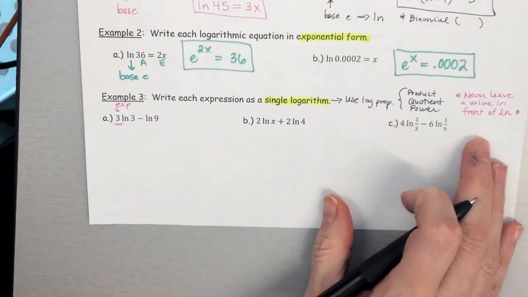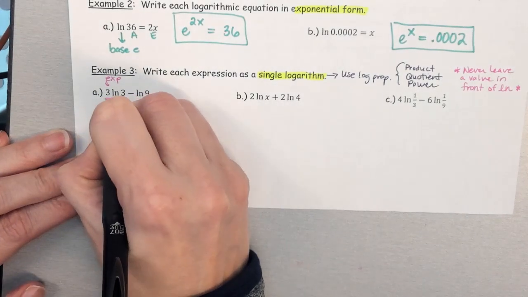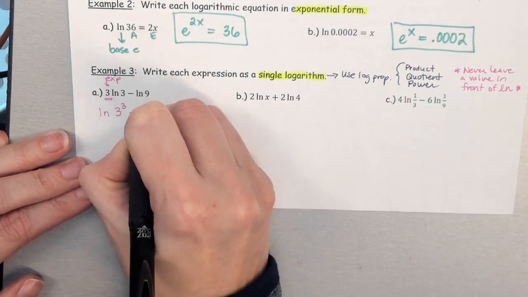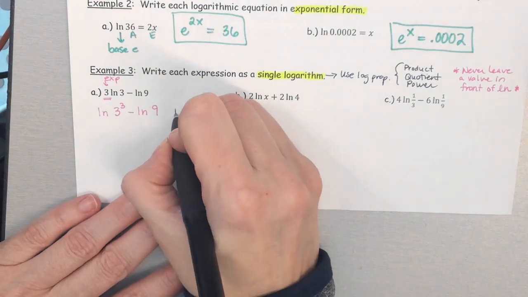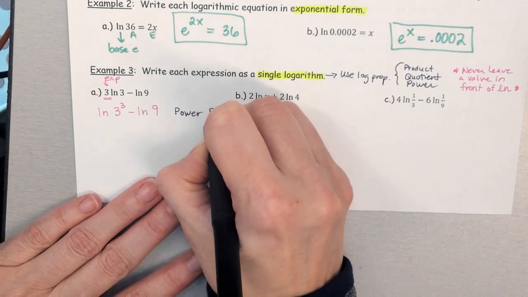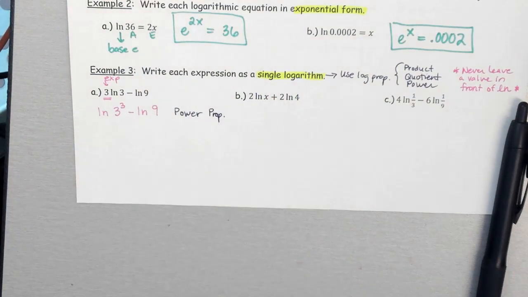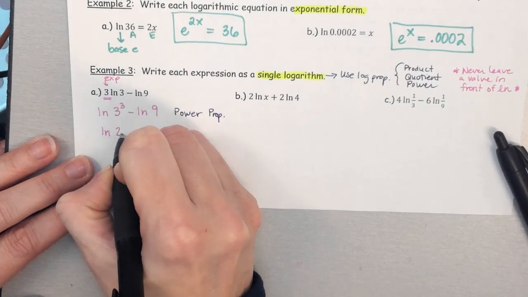So we're going to rewrite this as the natural log of 3 cubed minus the natural log of 9. Okay, on your homework, you are not going to have to write that this is the power property. On your notes, I want you to do that so you know how we're going from step to step. Okay, and then if you have 3 cubed, we can just simplify that to 27.